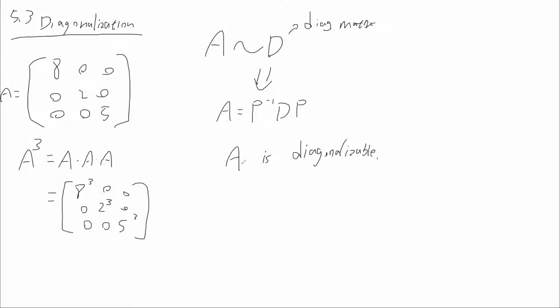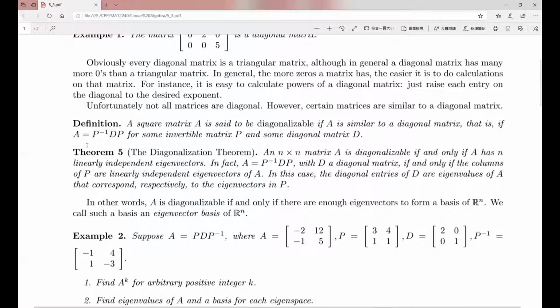One thing to note is that not every matrix A will be diagonalizable. In some cases we cannot find any D or P such that A is equal to this. So there's a nice property to that. Let's look at Theorem 5. An n by n matrix A is diagonalizable if and only if A has n linearly independent eigenvectors.